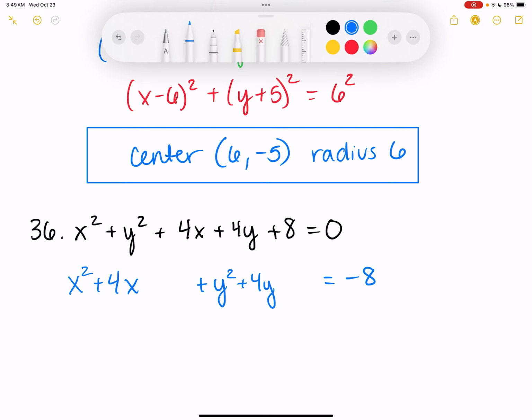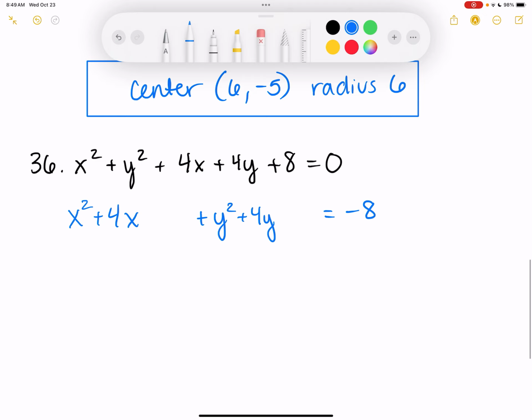Now what? Add your boxes. Add all my boxes. I'm not going to do them in different colors this time. So I added 2 boxes on the left. That's a skinny box. So I need to add 2 on the right. So what's going in this box? 4. Yep. And what about this one? Yep. So same thing.